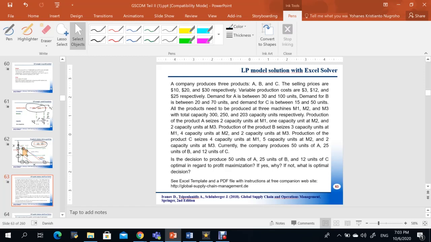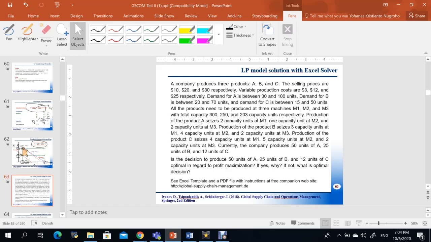Production of product B sees 3 capacity units at machine number 1, 4 capacity units at machine number 2, and 2 capacity units at machine number 3. Finally, production of product C sees 4 capacity units at machine number 1, 5 capacity units at machine number 2, and 2 capacity units at machine number 3.